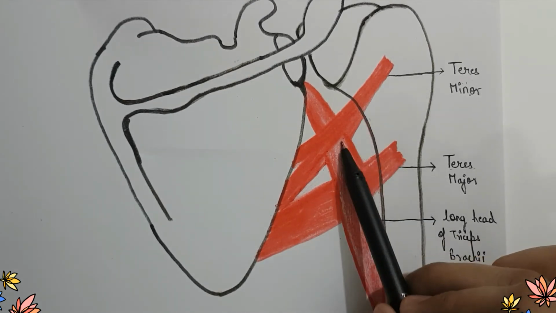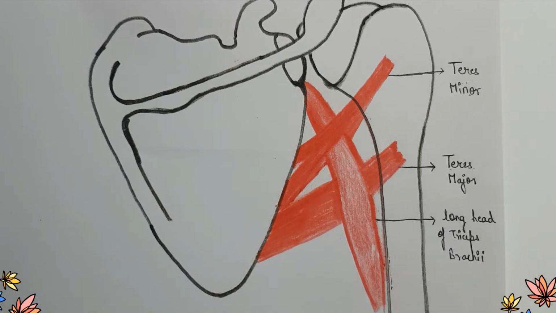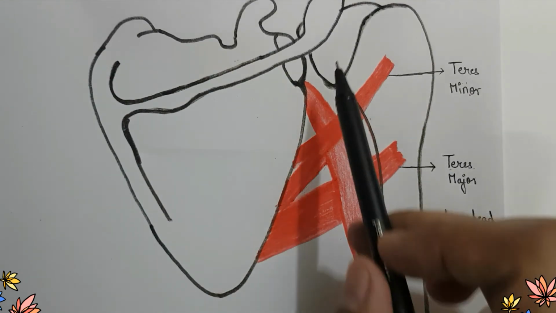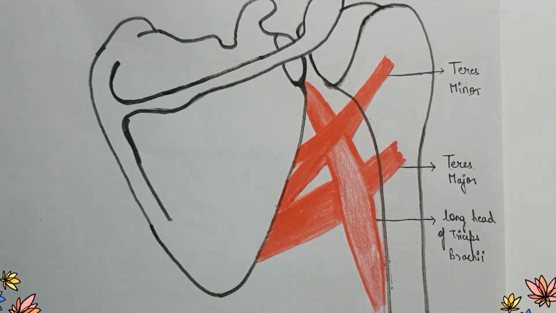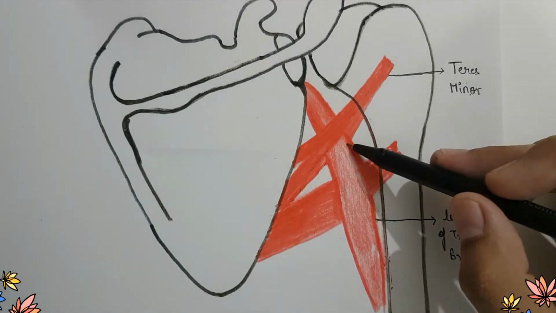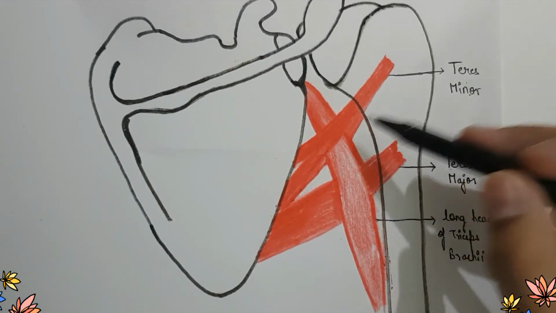Now coming to the superior boundary. The superior boundary of the quadrangular space is rather complicated. There are three structures forming it. Number one is the subscapularis muscle. Number two is the capsule of the shoulder joint, as you can see here. Number three is the inferior border of the teres minor muscle.